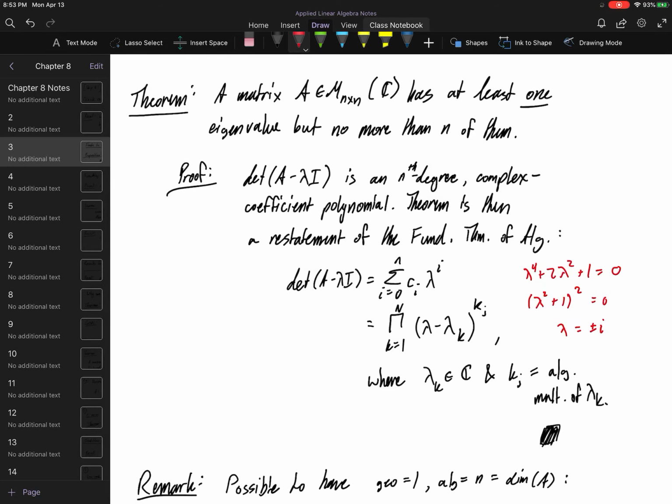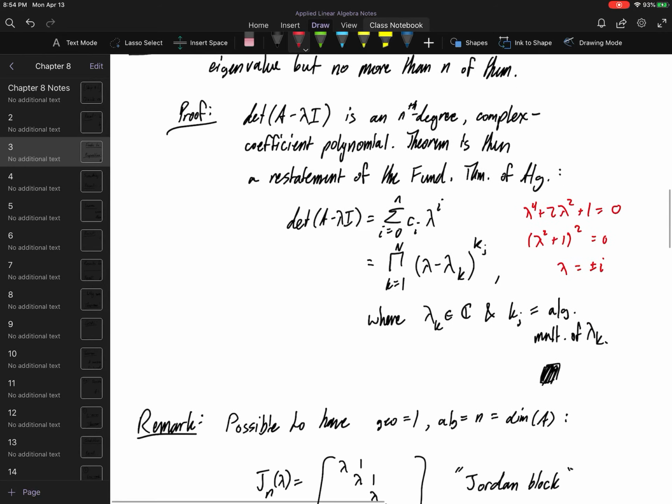So I could write the characteristic polynomial as lambda minus i, squared, times lambda plus i, squared. And that's all this product is saying here. This is a capital pi for product. Just like capital sigma is an S for sum, we have a capital pi for P, which is product.